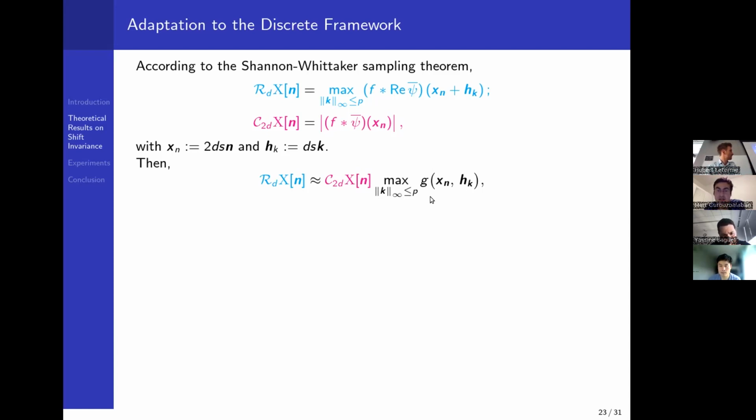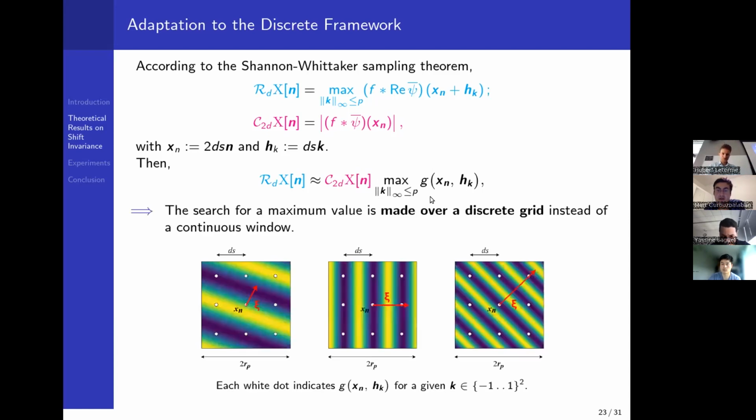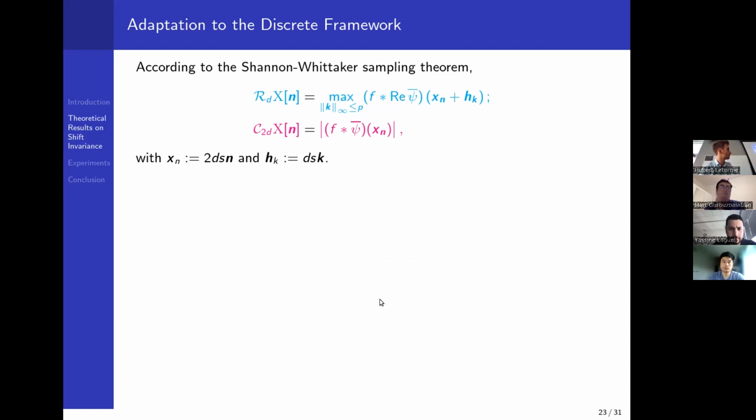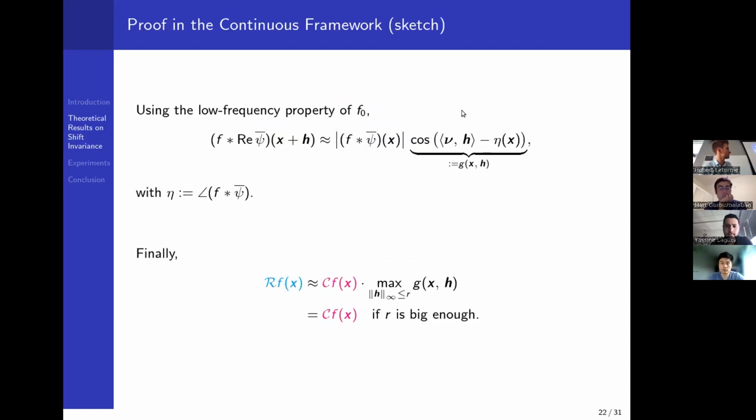So what was G here? As a visual example, let's consider those examples. So in these figures, the periodic function G is plotted in 2D for 3 different characteristic frequencies. So here we have 3 examples. What is the function G here? Okay, so G is this function here.